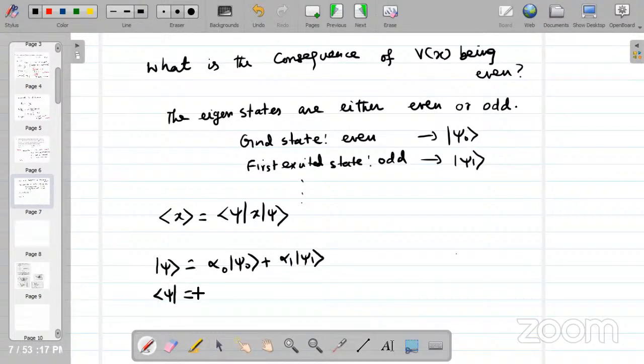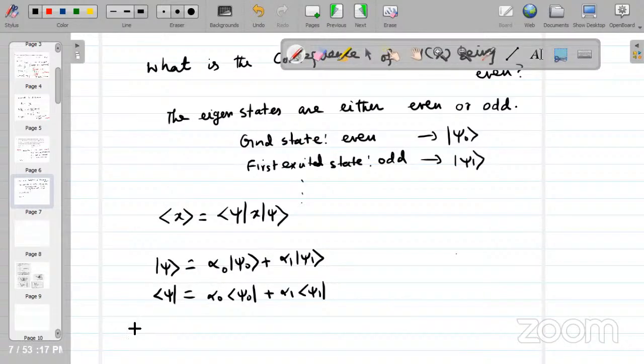The bra psi is, since they have clearly mentioned alpha naught and alpha 1 are real constants, alpha naught psi naught plus alpha 1 psi 1, because there is no alpha naught star or alpha 1 star as they are real.